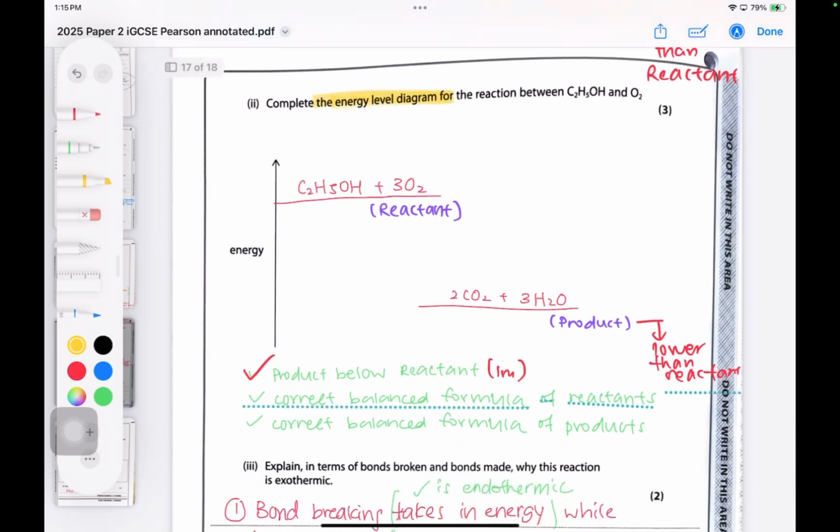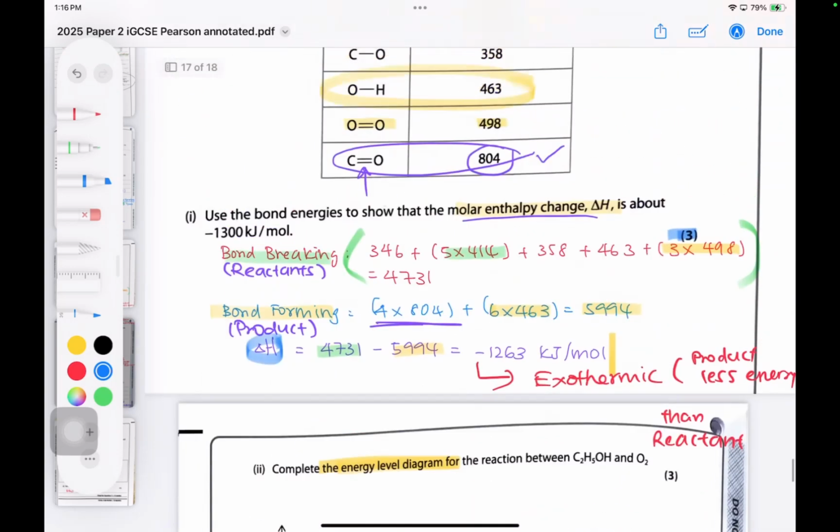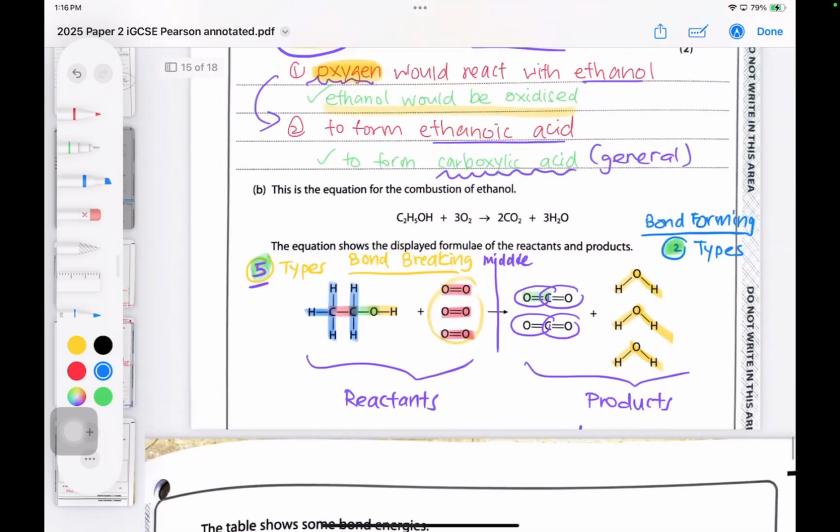Then what else do you need for this? Because you're drawing just an energy level diagram, you don't need to have that activation energy hump, which I'm going to draw for you in a while. What you need to do next is you need to label it clearly. And what I mean by label is if you look at the reactant, you basically copy and paste exactly what the equation is providing. The reactant is here, including the balanced stoichiometry number.